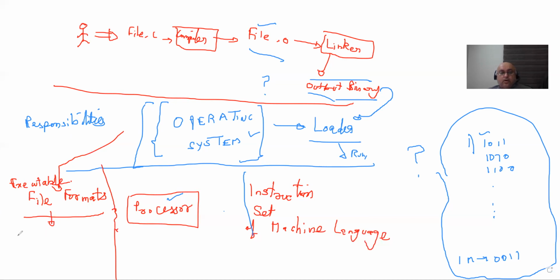So all operating systems, for example, Linux, Windows, Mac, every operating system defines the executable file formats that its loader supports. And a file in that format is fed to the loader of the OS to execute it.